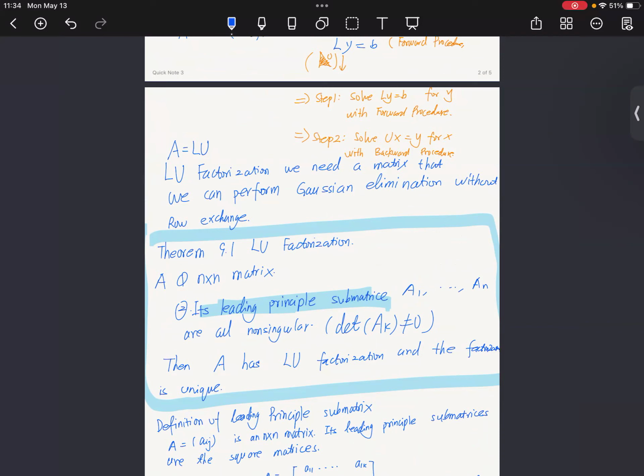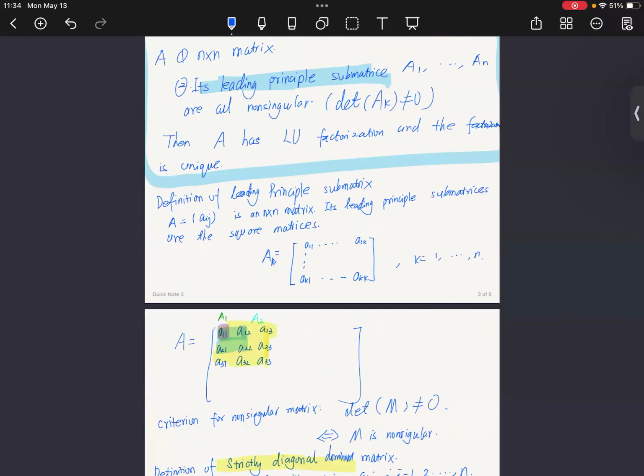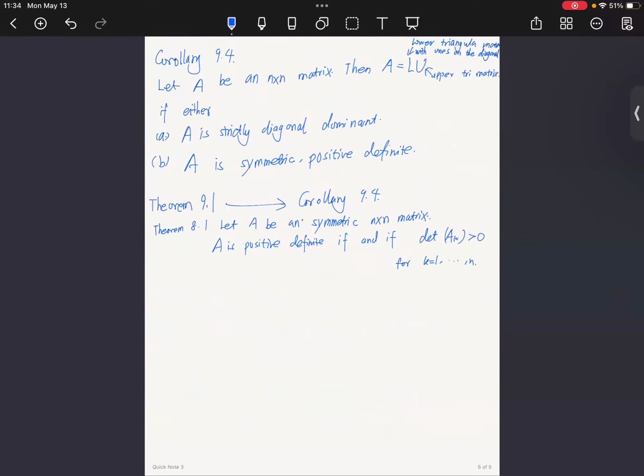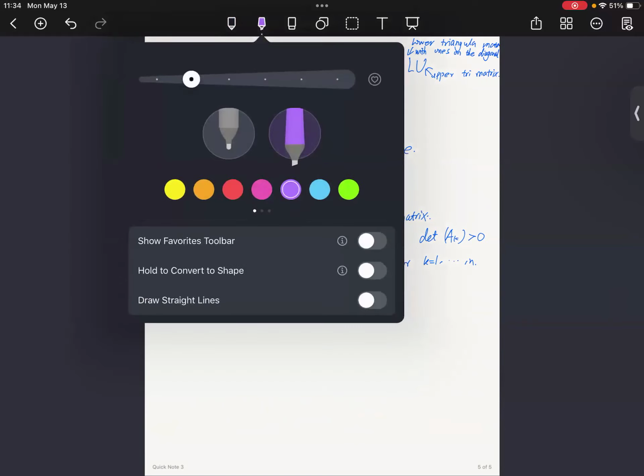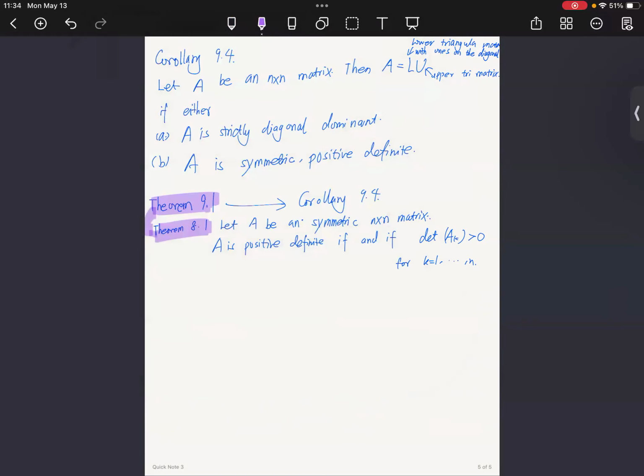This is the second one. So this is the theorem 8.1, and then the theorem 9.1, and then we combine them.